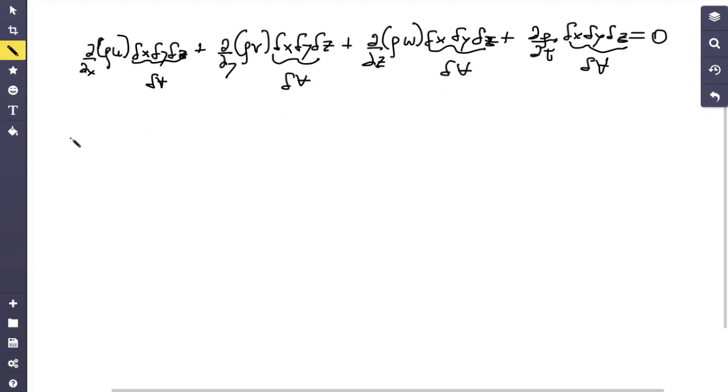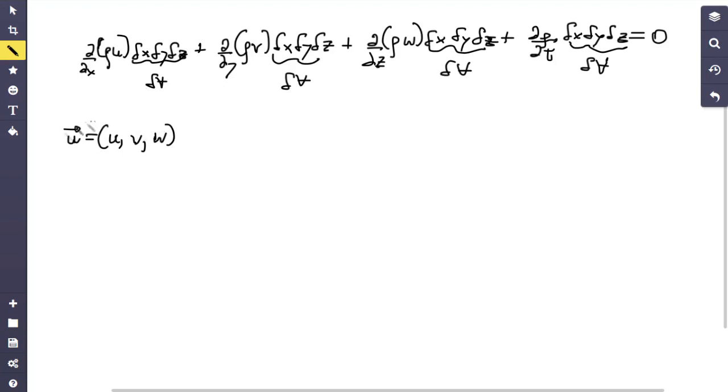And remember that our velocity vector is equal to u, v, and w. u is the velocity component in the x direction, v is in the y direction, and w in the z direction.